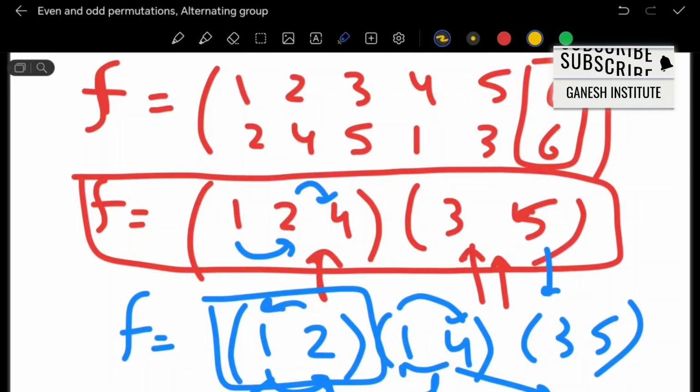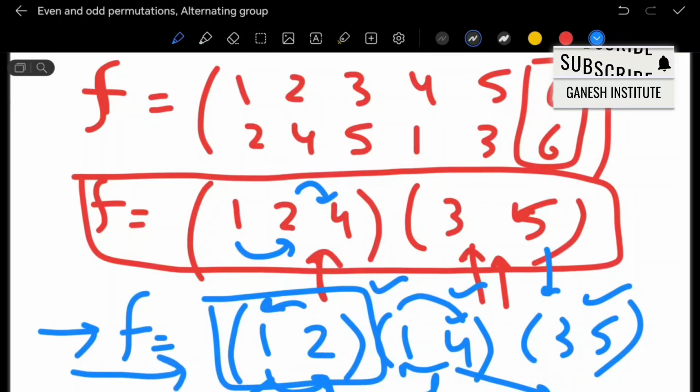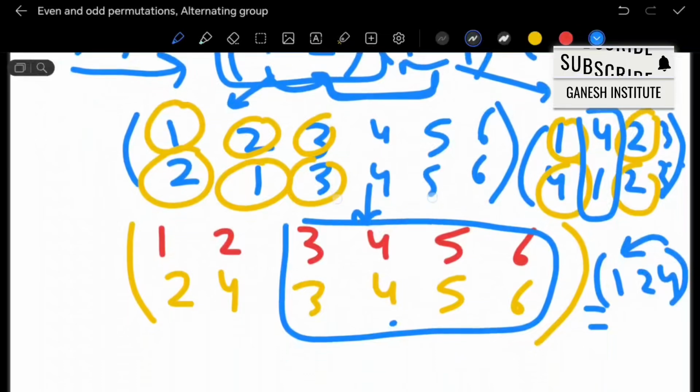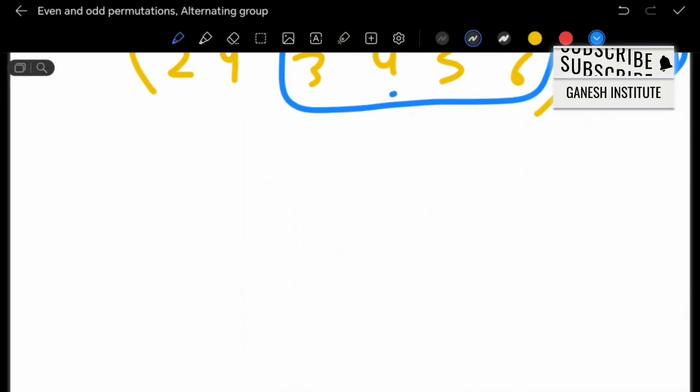Now count them. These are how many? 1, 2, 3. 3 is an odd number, so it is an odd permutation. If we could have broken this into 2 transpositions, then that would have been called even. So let me tell you again.